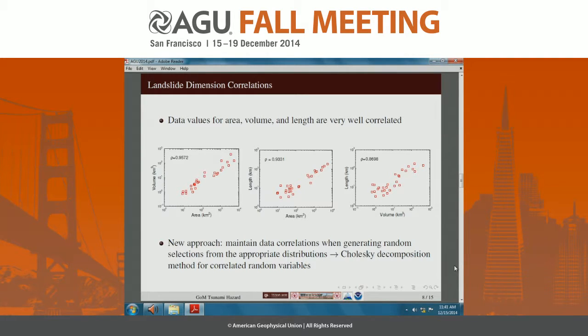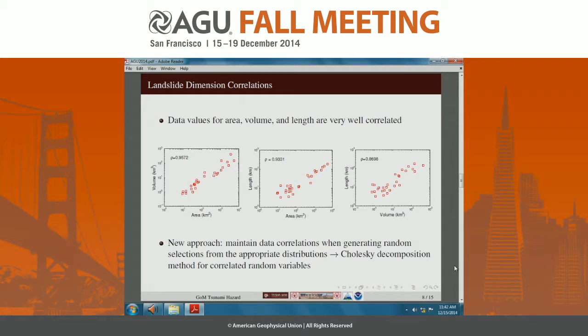So we also notice within our data that the values for area, volume, and length are very well correlated. You can see here we have volume versus area, length versus area, and length versus volume, and they have very high correlation coefficients. Volume and area have a correlation coefficient of about 0.96, length and area about 0.93, and length and volume about 0.87.